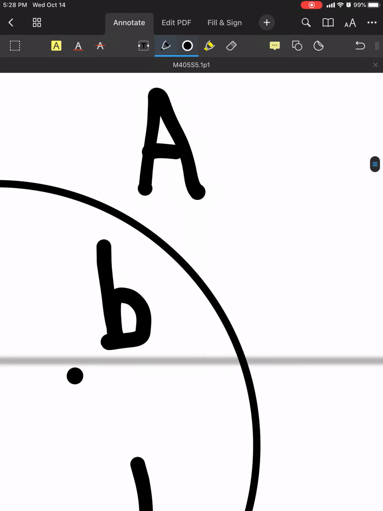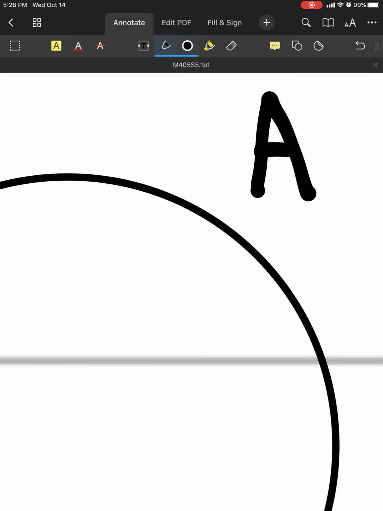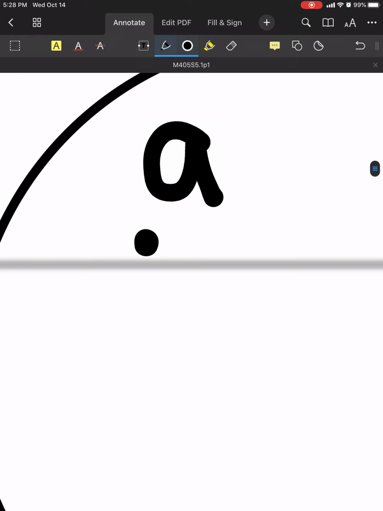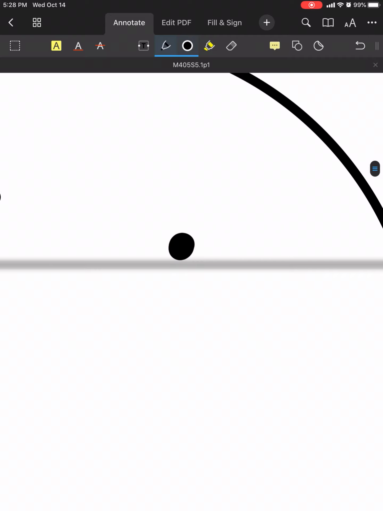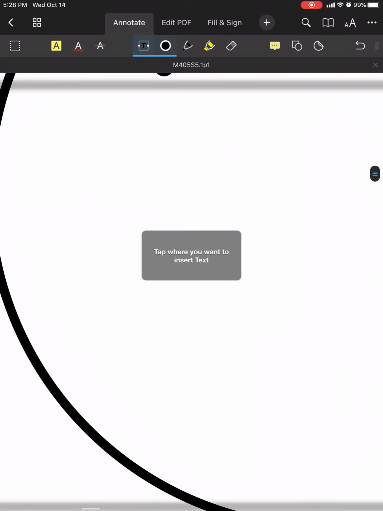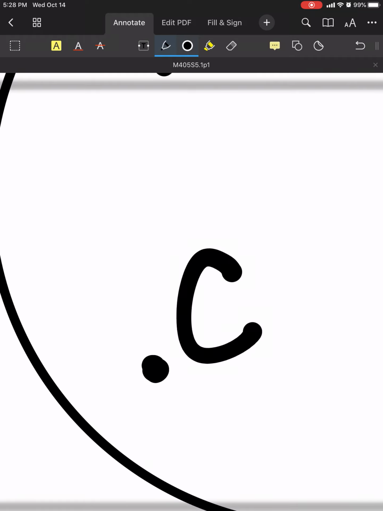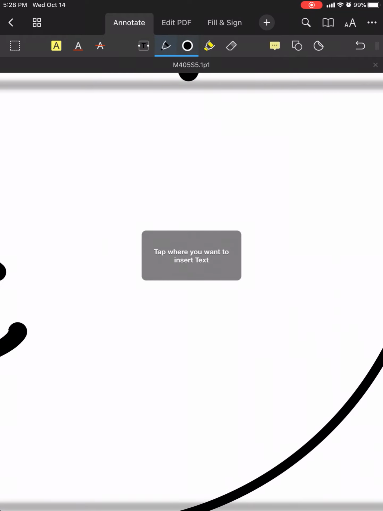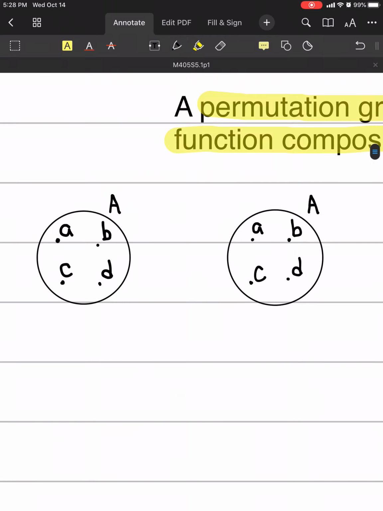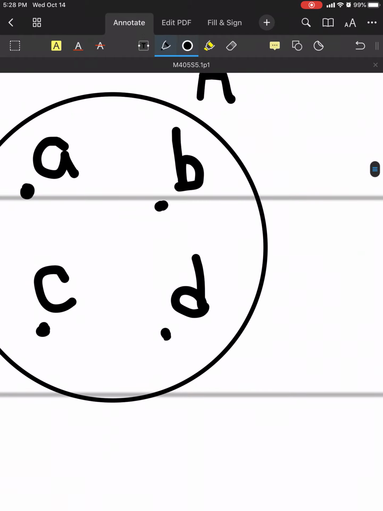This is our set A. And this permutation has to take a set to itself, so this also has to be A. And let's put these same things over here: A, B, C, and D. Okay, so there is our set drawn out twice. And let's make these a little bit bigger.